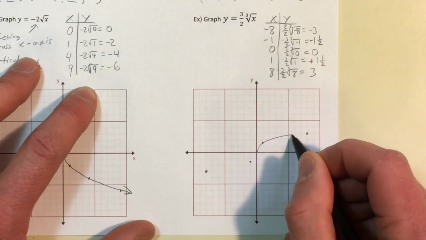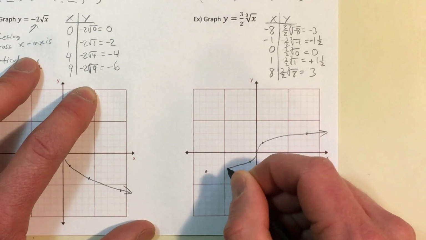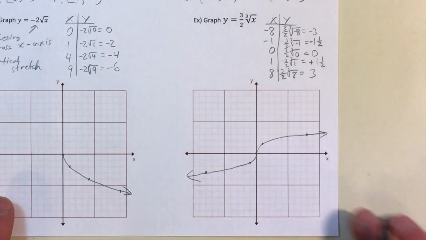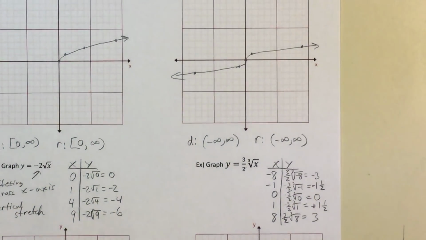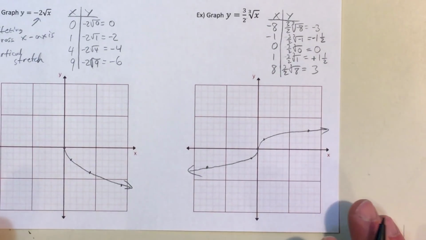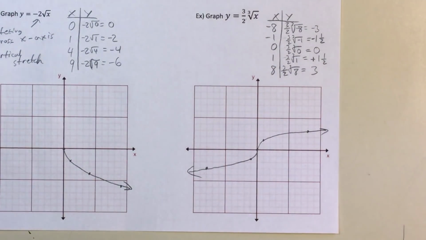And it's kind of like half a parabola that way, half a parabola that way. And so it's the same graph from before, but just a little bit of a vertical stretch. And sorry I included a negative on those totally by accident there.